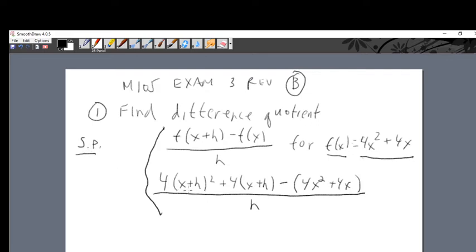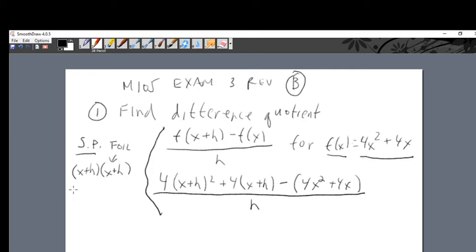Here's what you might not be used to: x plus h squared. What's x plus h squared? It's x plus h times x plus h, right? Squared just means 2 copies, multiply. Just do the old-fashioned FOIL.